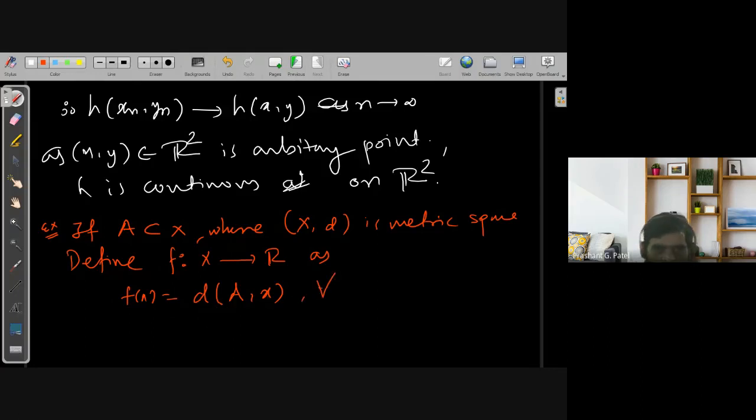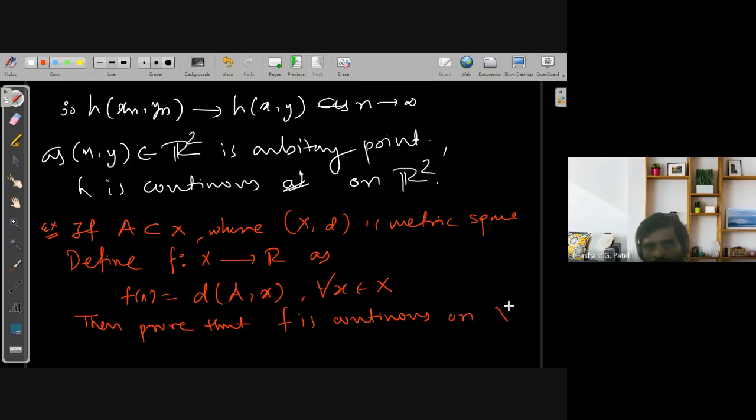That is our objective. For every x belongs to X, prove that this f is continuous on X. To prove this, we have to prove that it is continuous at some point.